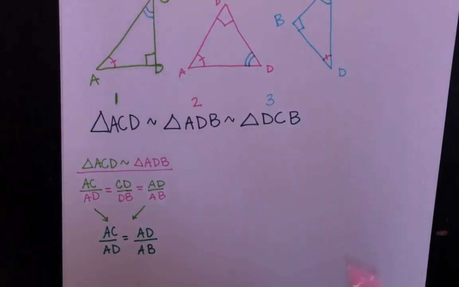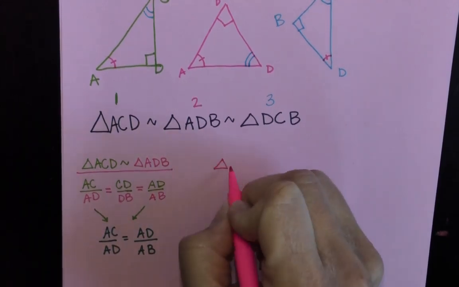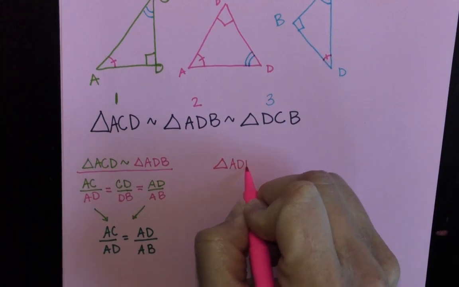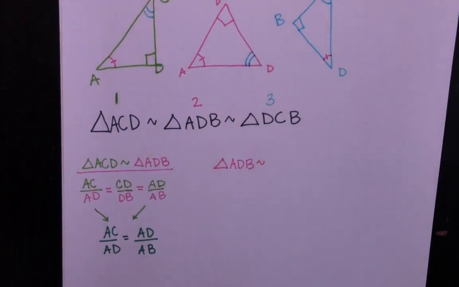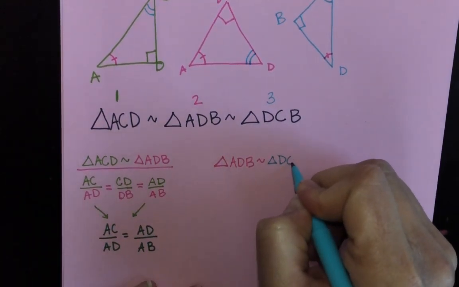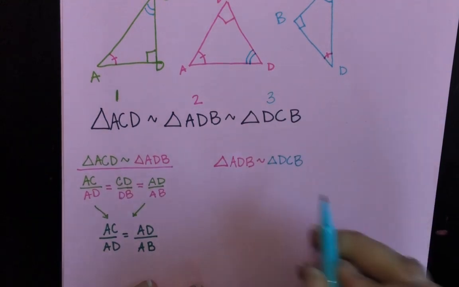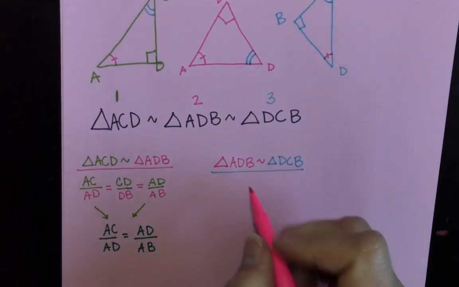We're going to take a look at the second pair. What if we did triangle ADB is similar to triangle DCB? Well, same pattern. Let's go in the same thing.